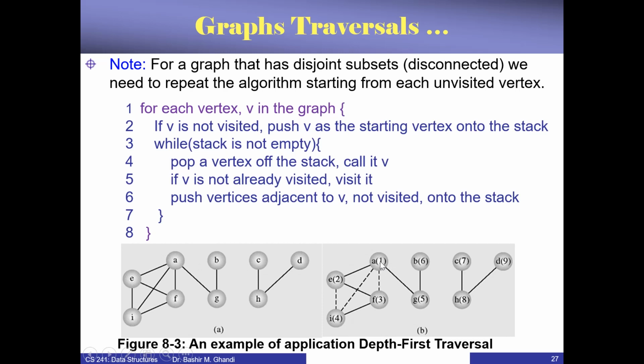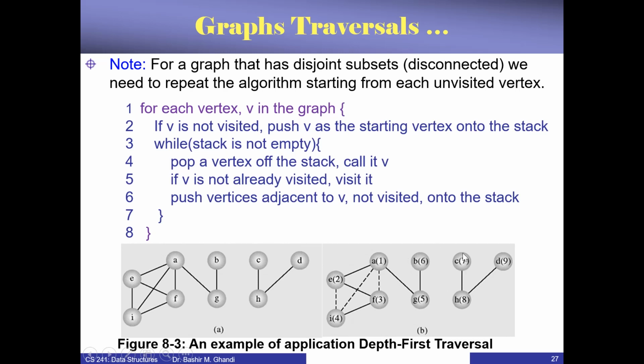As I mentioned here, of course the first element we visited was A, then E, which is number 2, then F, which is number 3, then I, which is number 4. Then we backtrack, and then went to G, which is number 5, and then B, which is number 6. So at this point we got stuck.